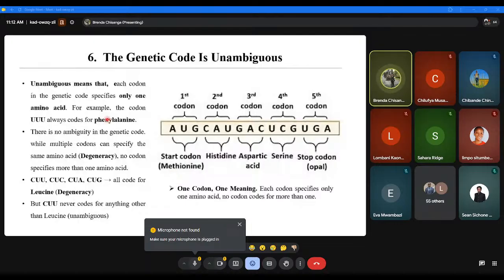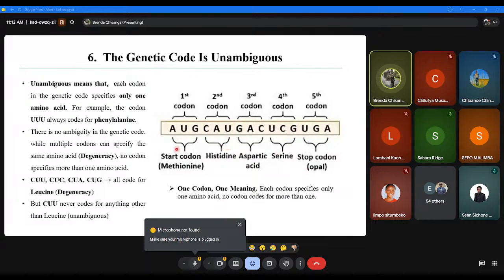Each codon in the genetic code specifies only one amino acid. For example, in the slide, when you have AUG, this should only give us methionine. CAU, this should only give us histidine, and so on and so forth.